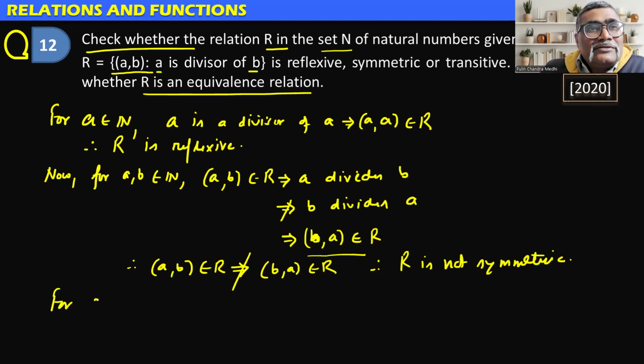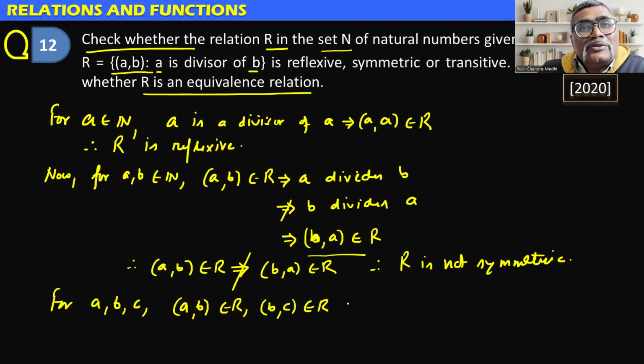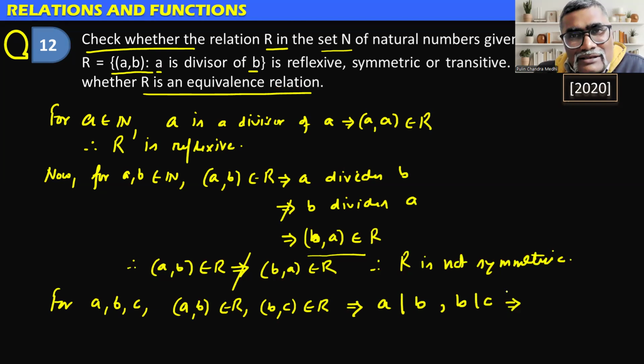So you write for A, B, and C, (A, B) belongs to R and (B, C) belongs to R. What does it imply? A divides B, I write it like this, and then B divides C. Now, if you want to make it more extensive, you can do it.